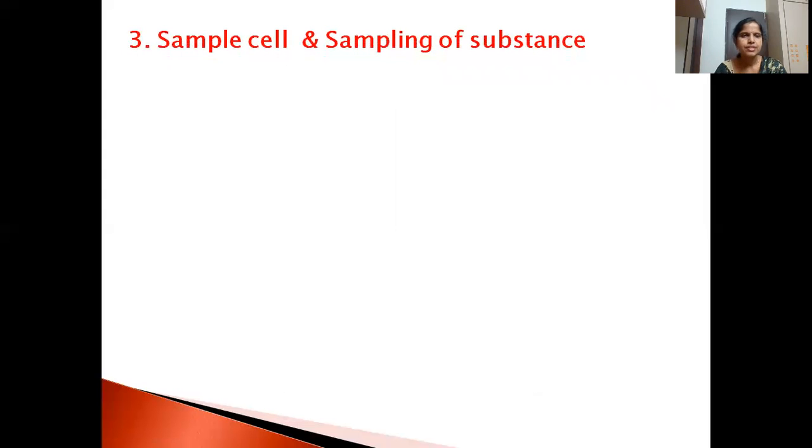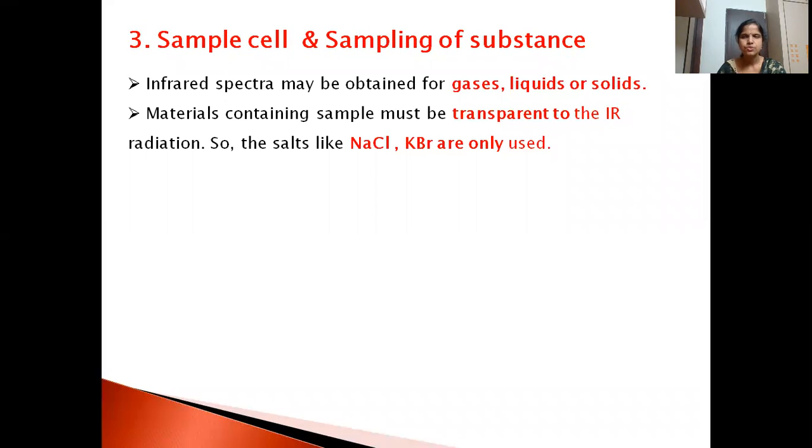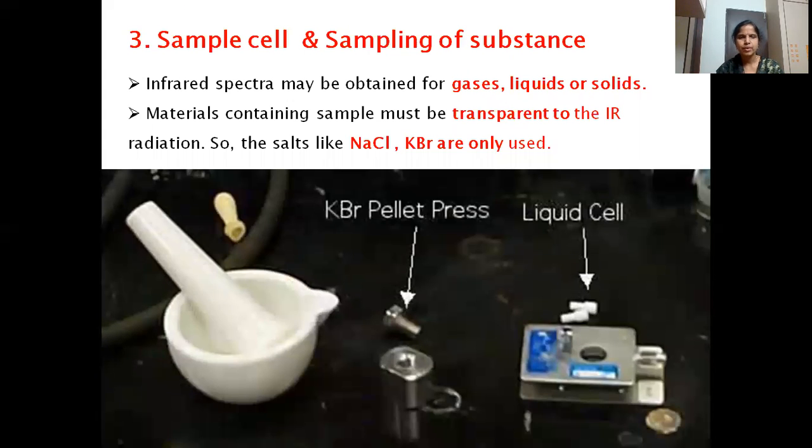Then, how to prepare a sample or sample cell, and sampling of substances. The samples we can take in IR are in gaseous, liquid or solid state. The materials containing the sample must be transparent to the IR radiations, and the salts we generally use are sodium chloride and potassium bromide.